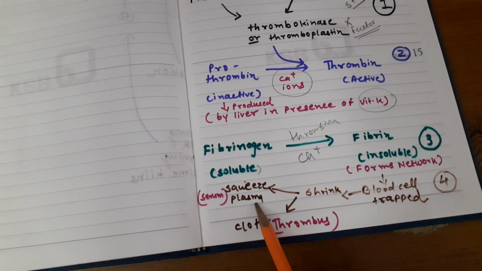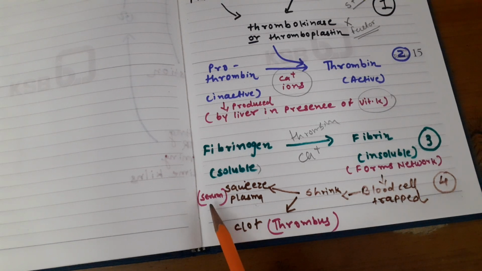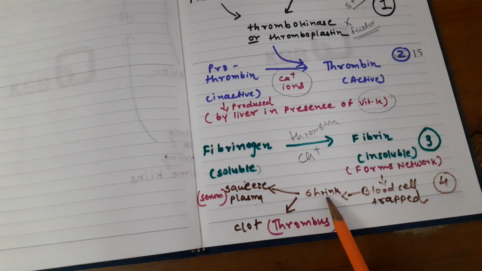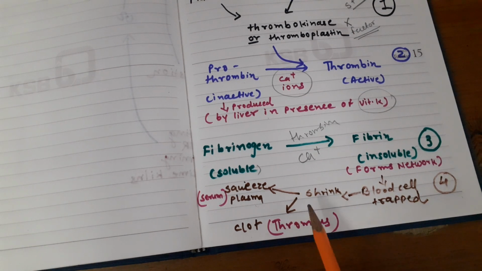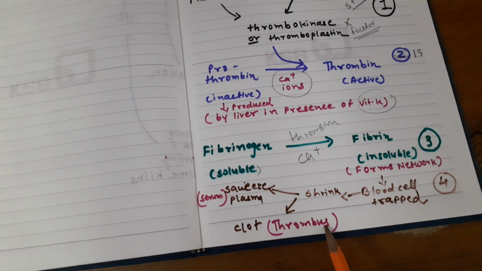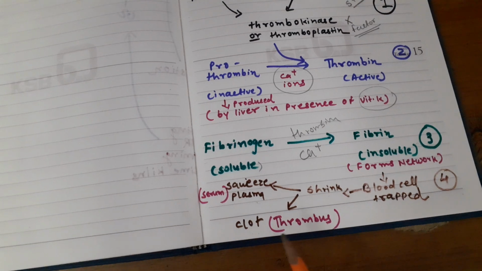The clear liquid remaining is called serum, and the blood cells trapped here close the damaged area, which forms the clot. The solid mass left behind after squeezing out the plasma is called the clot, or thrombus. So we are getting clotting here.